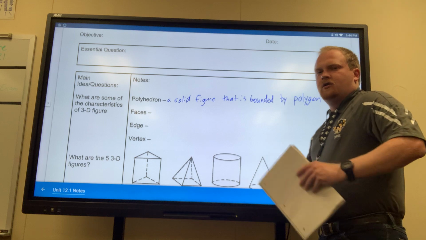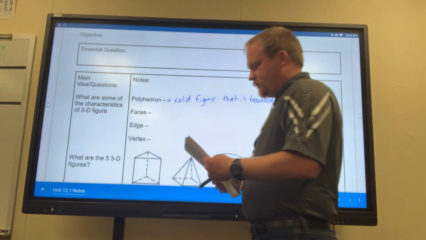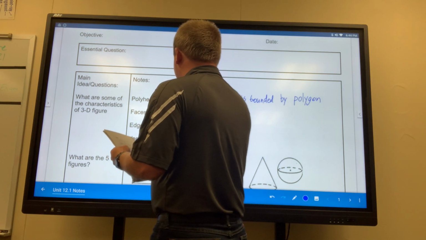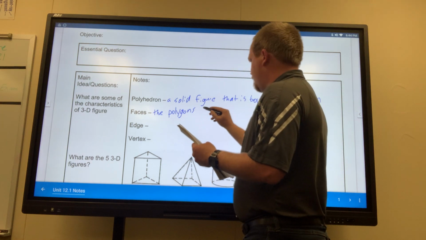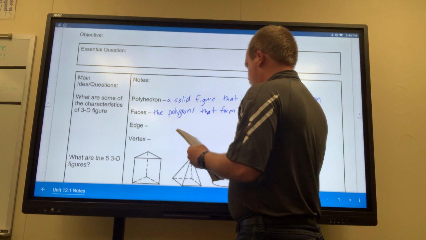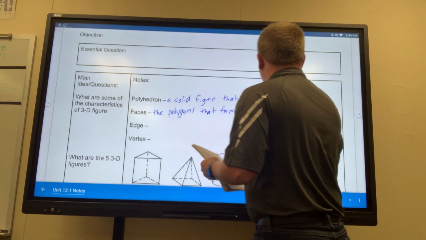Now, another characteristic is faces, okay? The faces are the polygons that form the 3D figure.